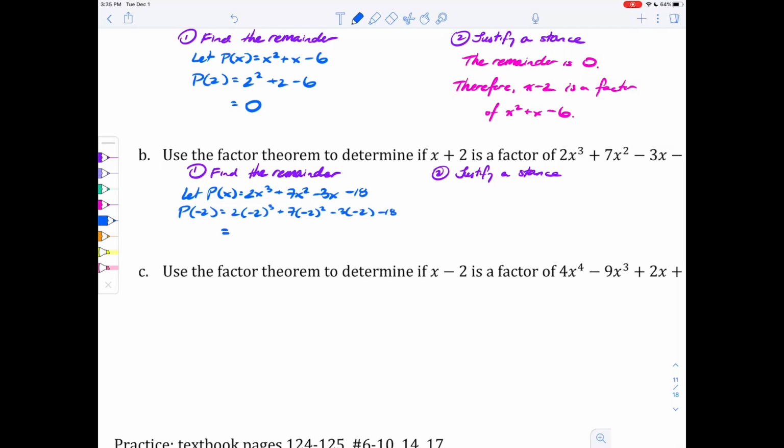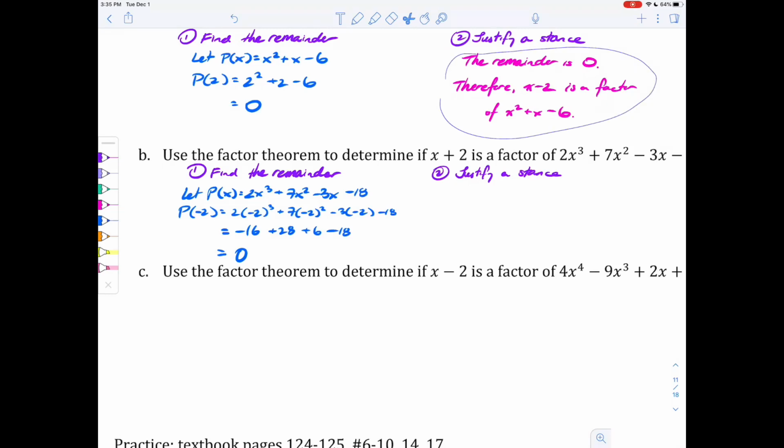Not a lot of room here. I know. I'm sorry. 16 and 6 is negative 10. 28 and negative 18 is positive 10, so this adds up to 0.